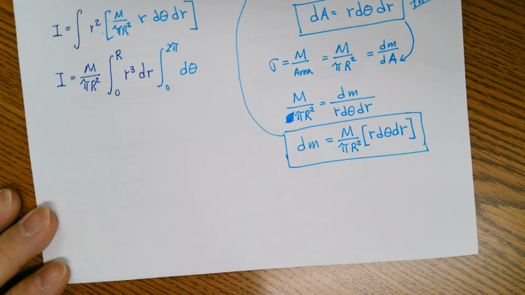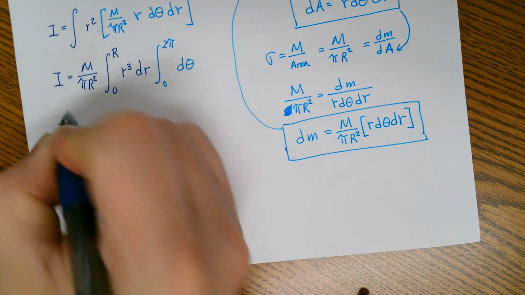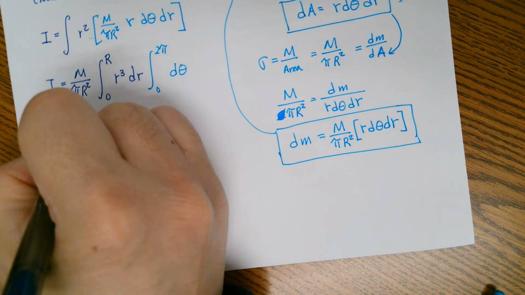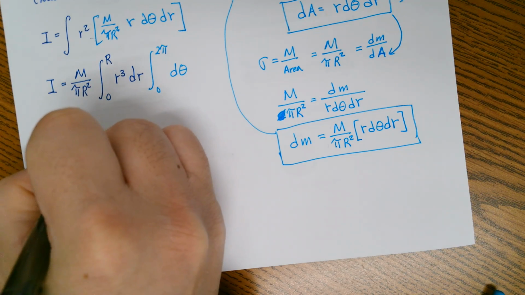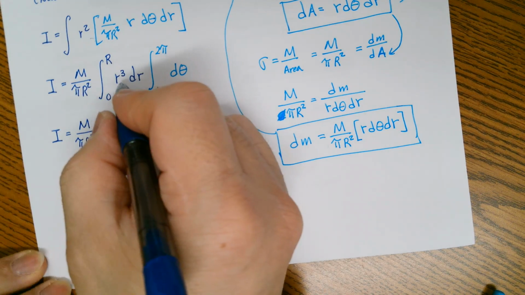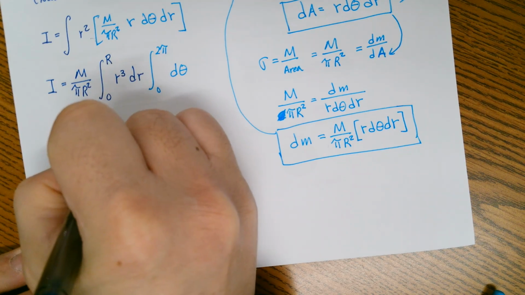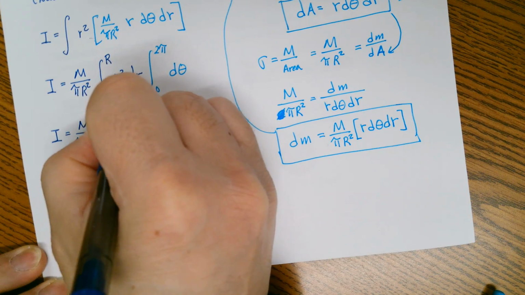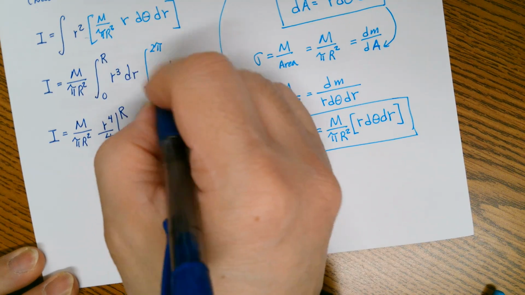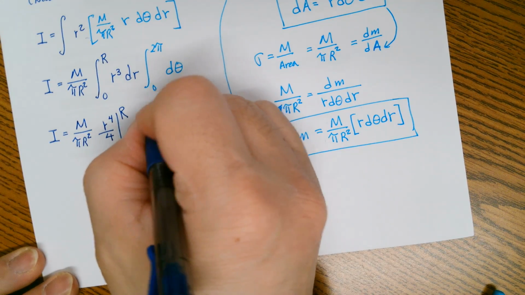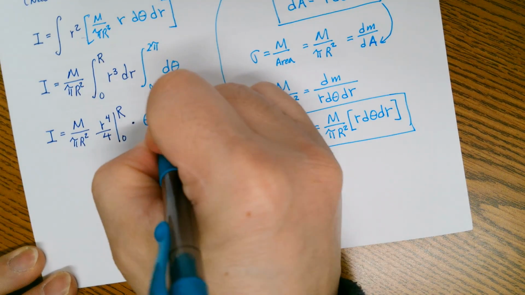Now we can evaluate this. Now it's easy. So my moment of inertia becomes the total mass divided by pi r squared. If I integrate this, it becomes r to the fourth over 4, evaluated from 0 to r, times, well, d theta, if I integrate that, I just get theta, from 0 to 2 pi.